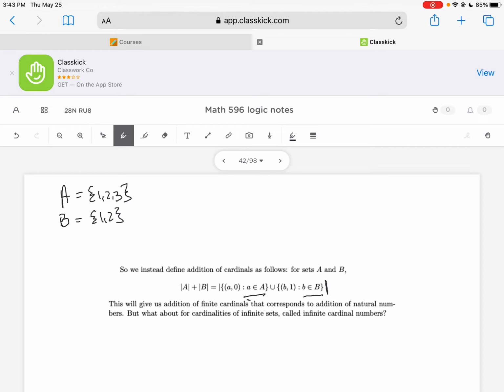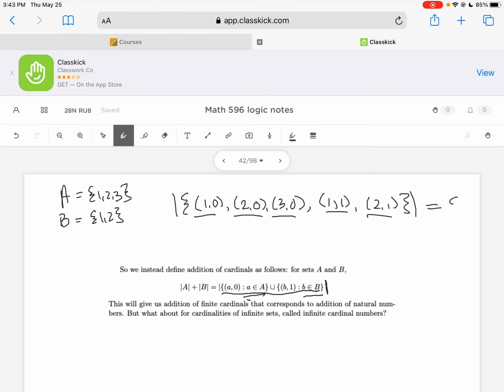And indeed it is, because the set on the inside of the absolute values is going to be all elements of the form (a, 0) with a in A, so (1, 0), (2, 0), (3, 0), and then all elements of the form (b, 1), where b is in B. So (1, 1) and (2, 1). And yes, the cardinality of this set, the number of elements, is just the number of ordered pairs: 1, 2, 3, 4, 5. Right, very good. That's what we wanted.